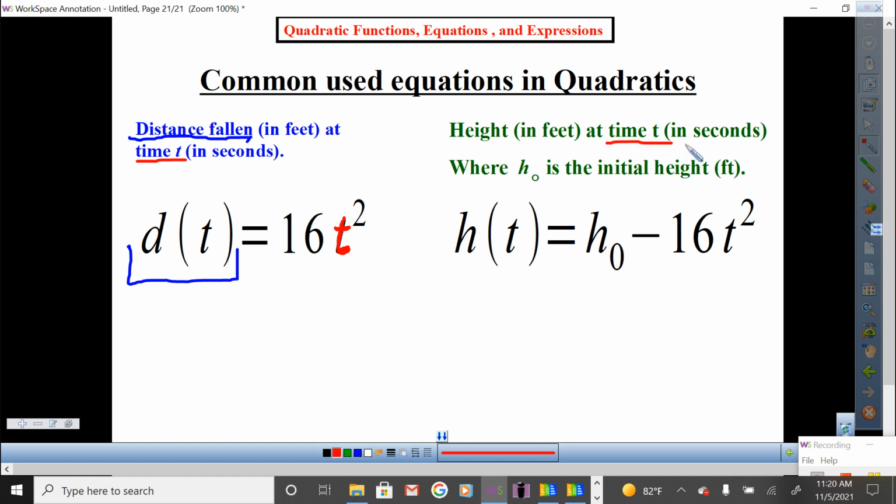Yes, right here, time in t seconds. That means we still have the time in here. However, now we have what? An initial height. Initial height of what? Which is this one. So when they're asking for a different height, that one would be this one right here.